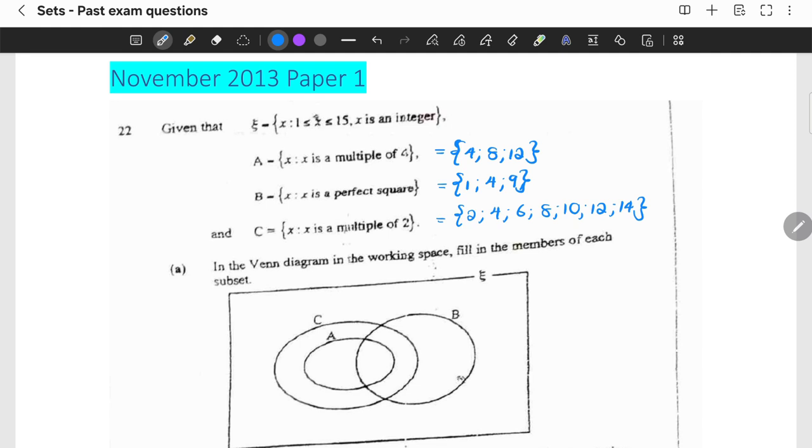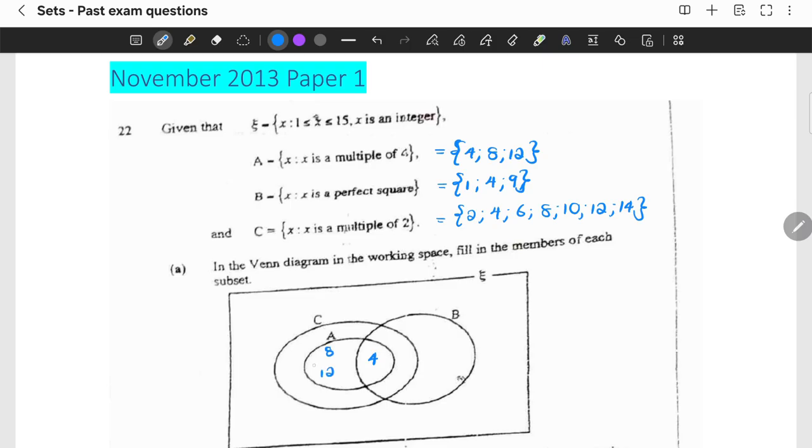So now filling these, we know that A is a multiple of 4, and everything that's a multiple of 4 is also a multiple of 2. That's why A is contained in C, right? And the intersection between A and B is 4. And the other numbers that are in A are 8 and 12.